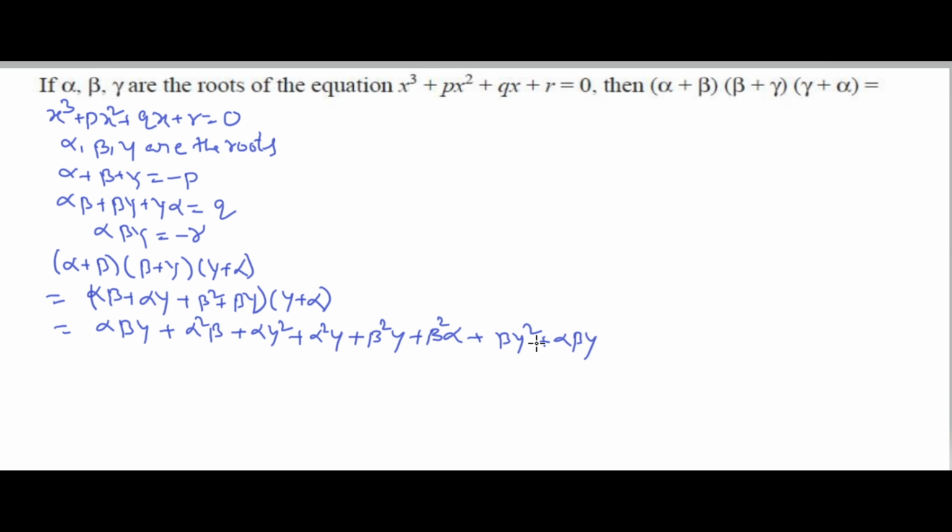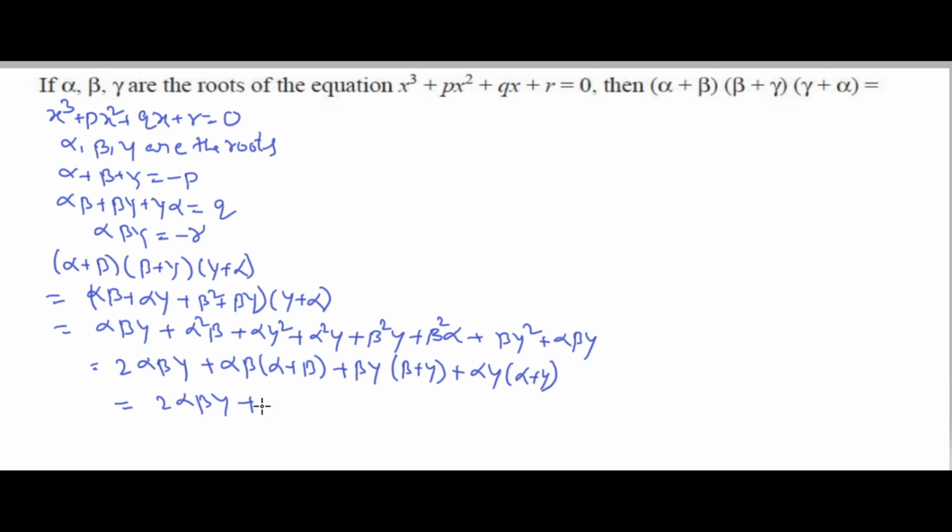Here we have alpha beta gamma and alpha beta gamma, that is equal to 2 alpha beta gamma. Take alpha beta common, that is alpha plus beta, and beta gamma common, that is beta plus gamma, and alpha gamma common, that is alpha plus gamma. That is equal to 2 alpha beta gamma plus alpha beta into alpha plus beta.